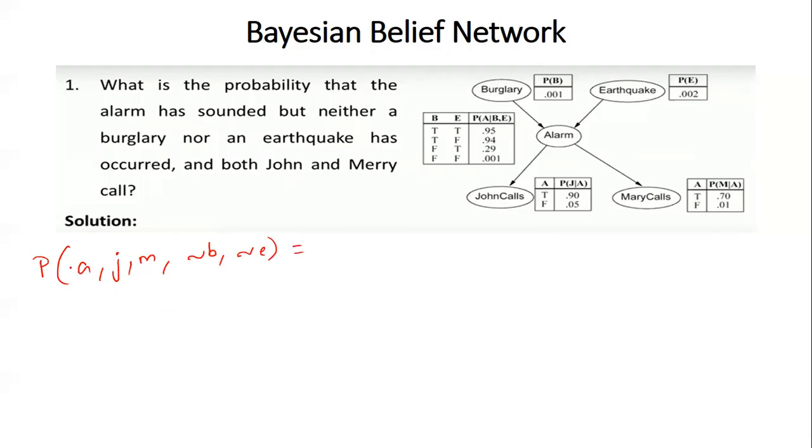Now, if you see, what is the probability of occurrence of alarm? The probability of occurrence of alarm actually depends on burglary and earthquake. But here we are saying that there is no burglary and there is no earthquake.